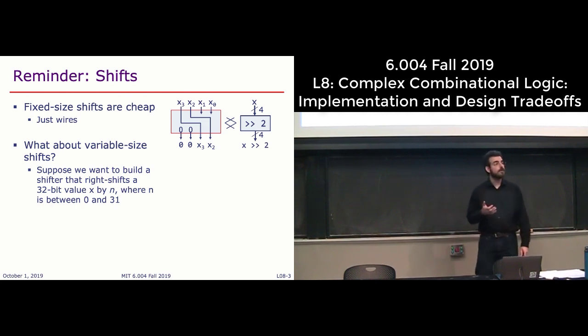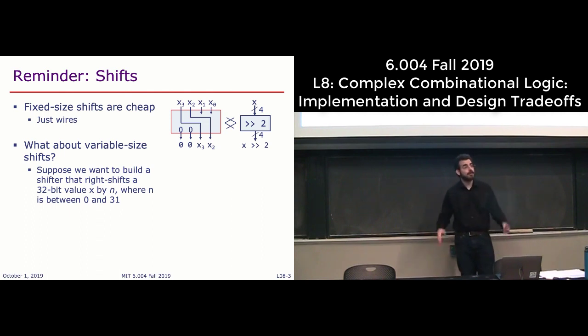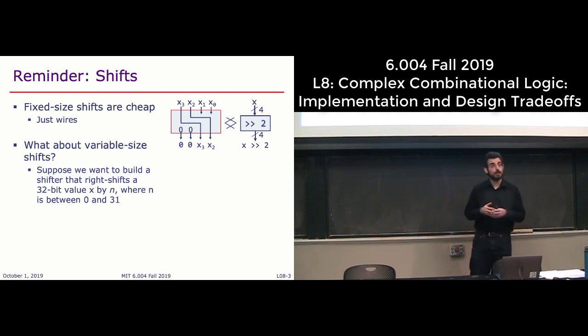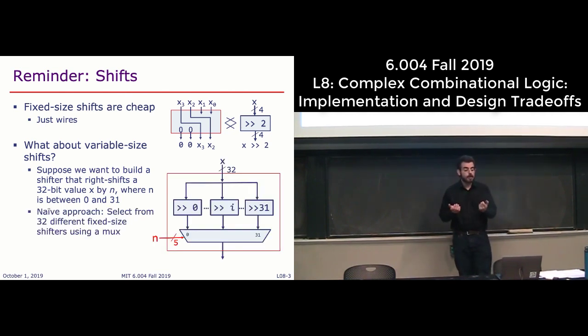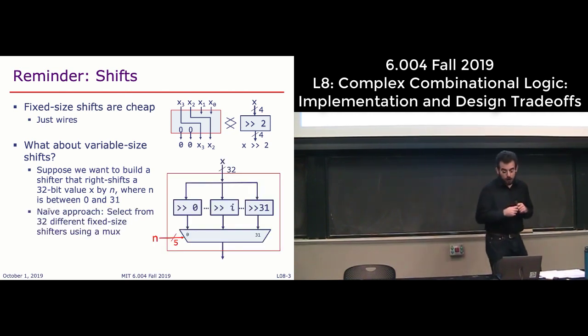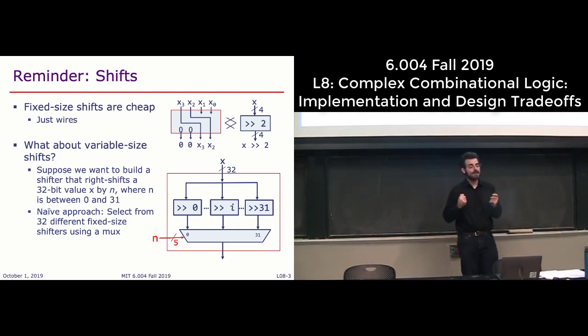And in particular, if you want to do logical right shift, then suppose that we have 32-bit values, just like in RISC-V. We have some parameter n or some argument n that is between 0 and 31, and it's specifying the amount of shifting that we would like to do. So one simple implementation that we saw was, well, we know about multiplexers and we know about shifters, so let's just combine them.